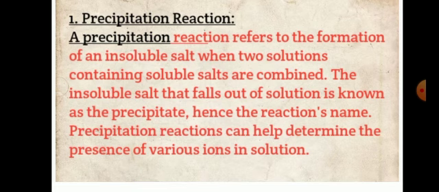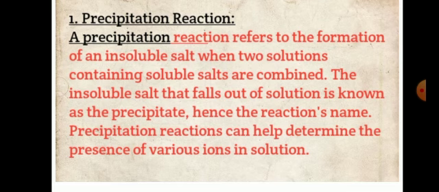So the insoluble salt that falls out of the solution is known as your precipitate, and hence this reaction is known as your precipitation reaction. So this is your first main type of DD reaction, that is your double displacement reaction. Remember that precipitation reaction is just a type of double displacement reaction, and this precipitation reaction is exothermic in nature.